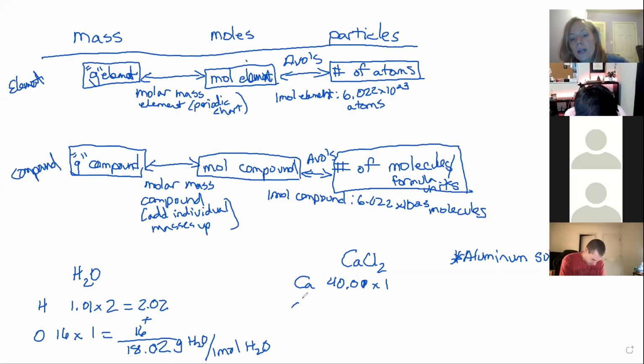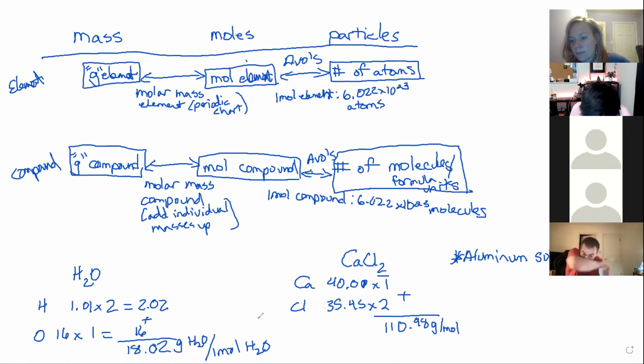Fluorine has a molar mass of 35.45, but I have 2 of them. So I need to multiply it by 2. You multiply by the subscript. Total those out and add them together. All right. And you end up getting 110.98 roughly, and it's grams per mole. The mass of 2 chlorines and throw calcium in there.